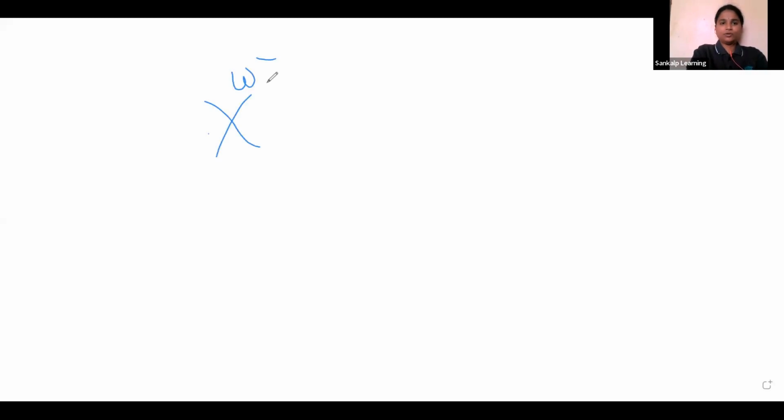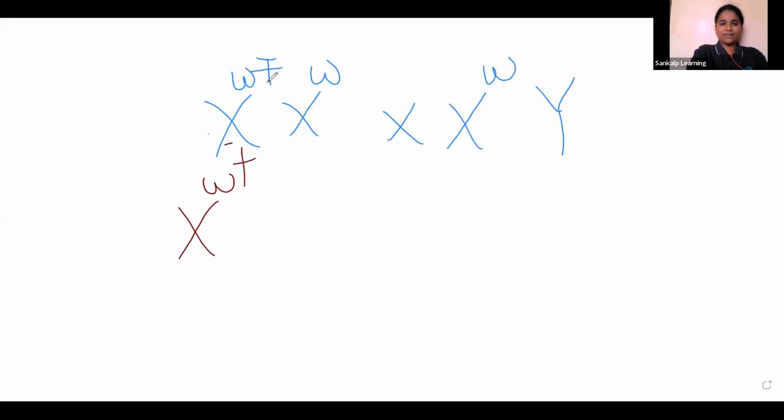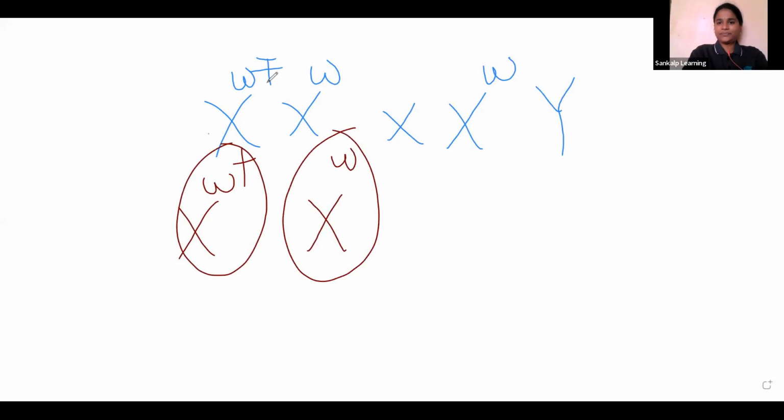So XW plus XW is a female crossed with XWY. This is a white-eyed male. So what we got, the gametes here, XW plus is one gamete, XW is the other gamete. Then here XW plus is one gamete and Y is the other gamete.